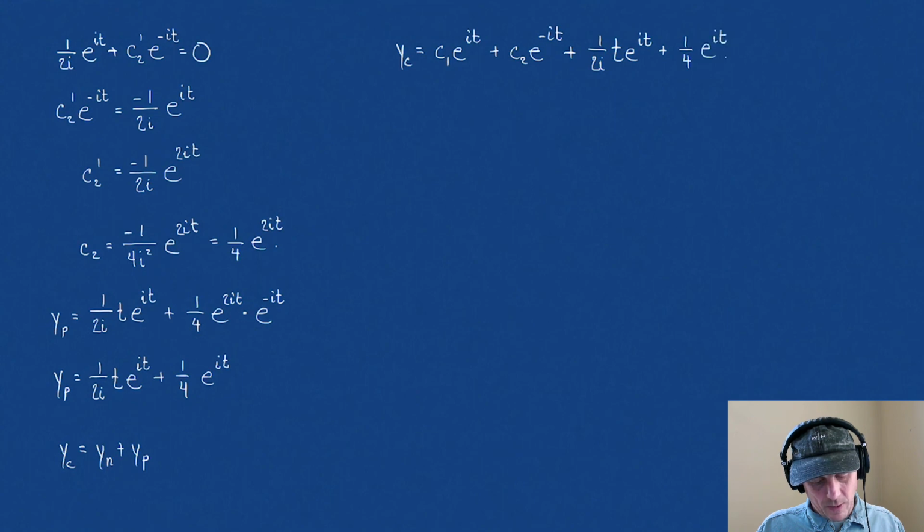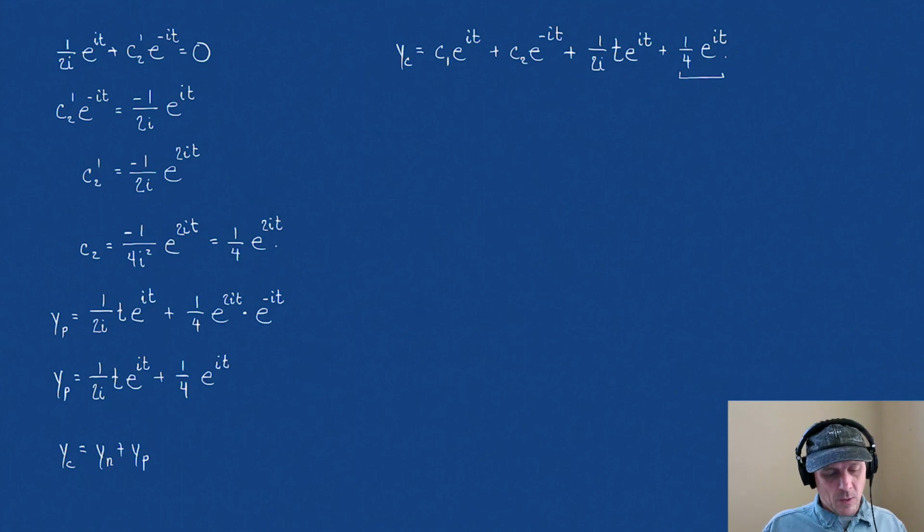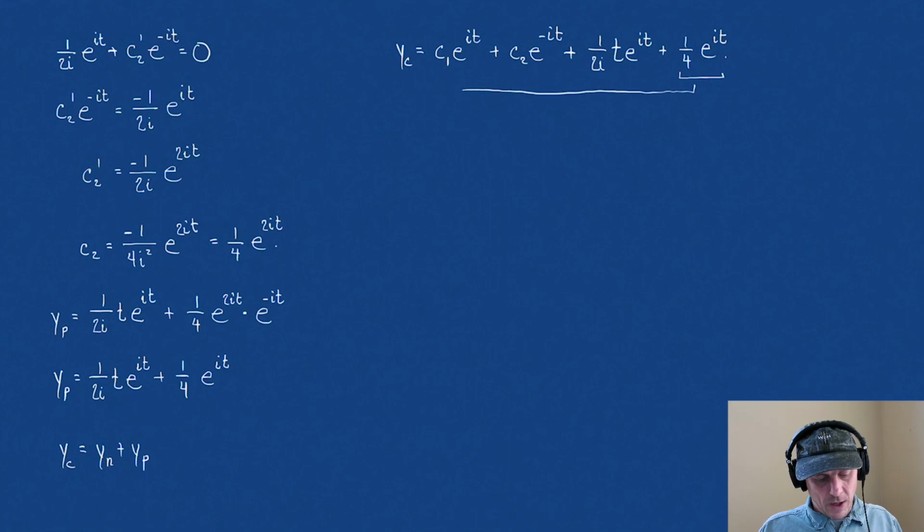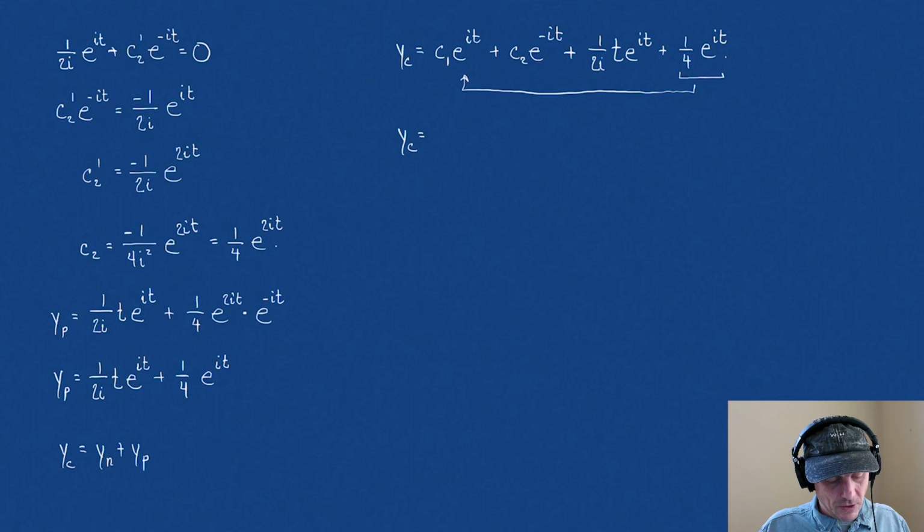Now you might wonder, what is this 1/4 e to the it? Well, that's just another component. That is a like term of y1. And so our final y complete, so really this is like an extra piece, an adjustment to the null solution based on our initial conditions.